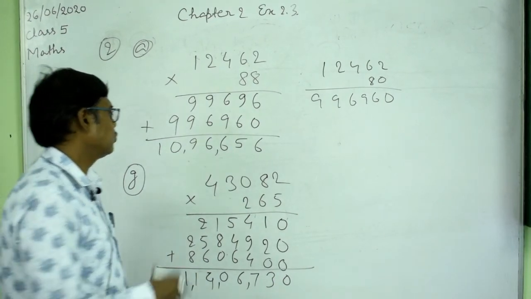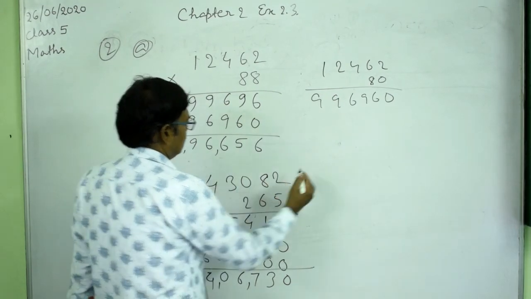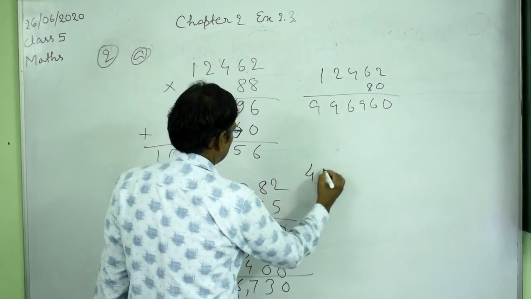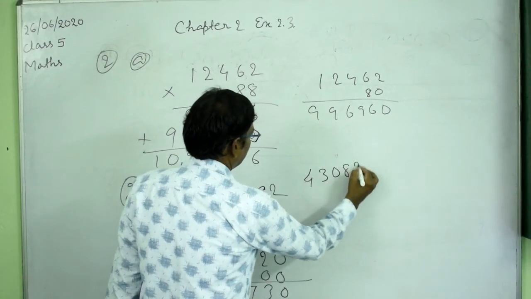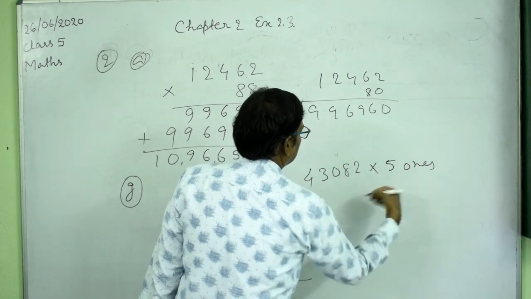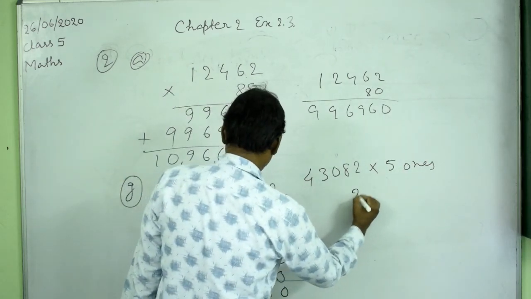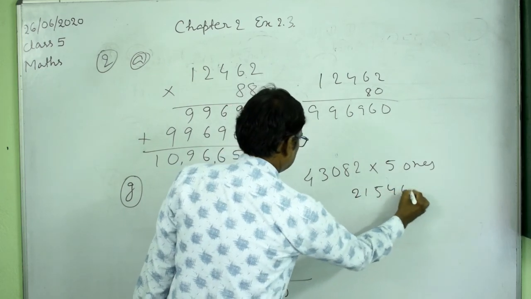So you must remember how to add here. Actually, again I will explain to you that here we multiply 43082 into 5 ones, and you will get this answer, 21540.